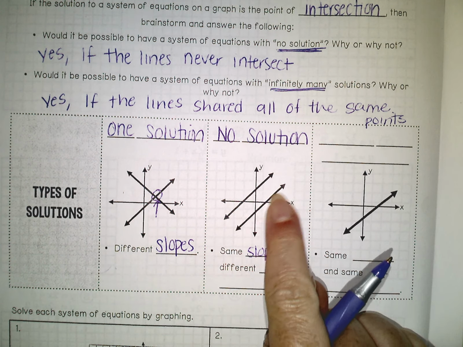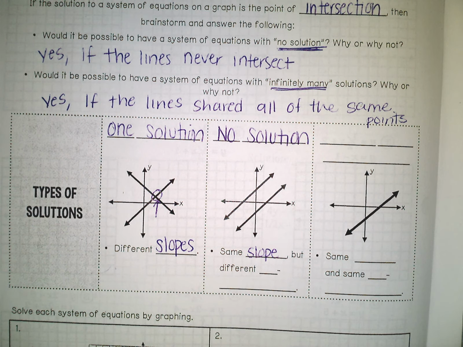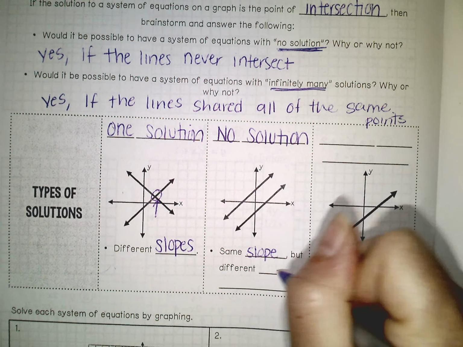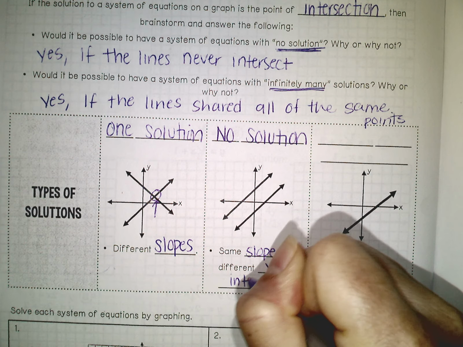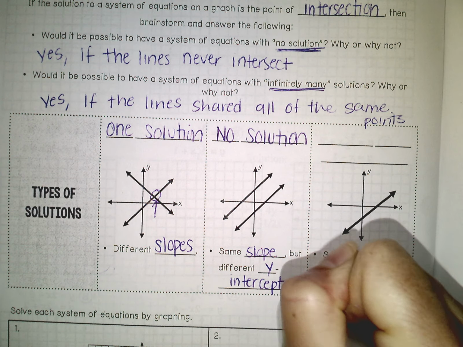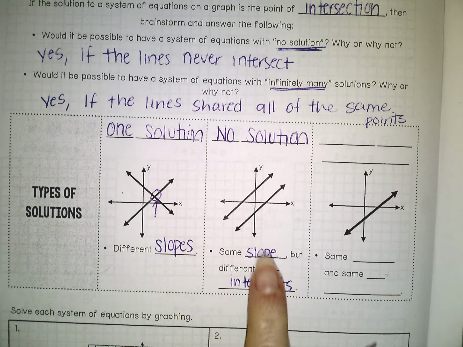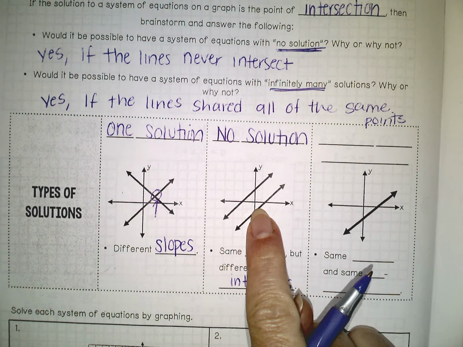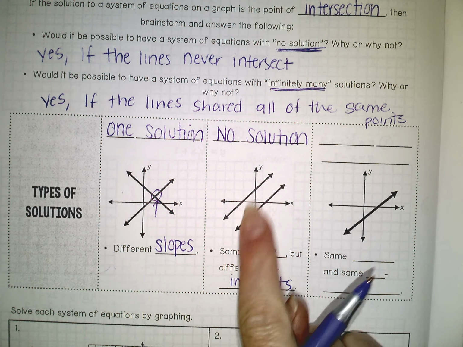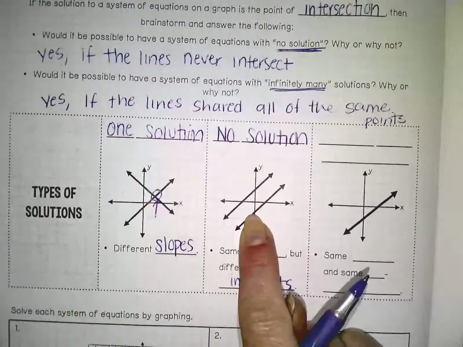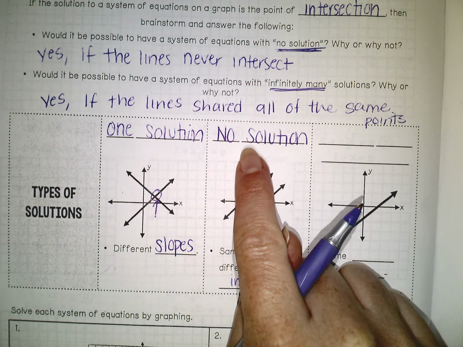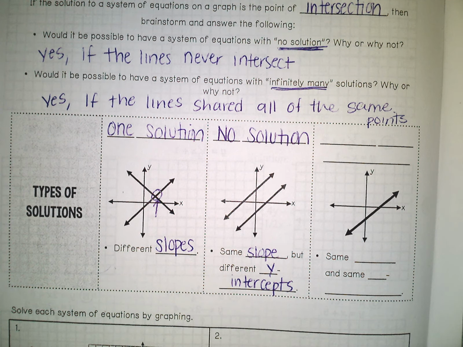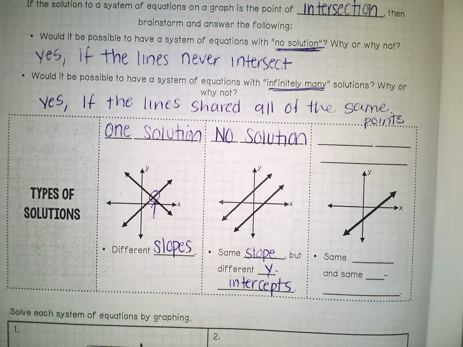They're both rising and running by the same amount. But they do have different y-intercepts. So if you see two equations that have the same slope but different y-intercepts, you immediately know that they will rise and run by the same distance, by the same steepness. Therefore, they will never cross one another. So your answer for that type of system would be a no solution.